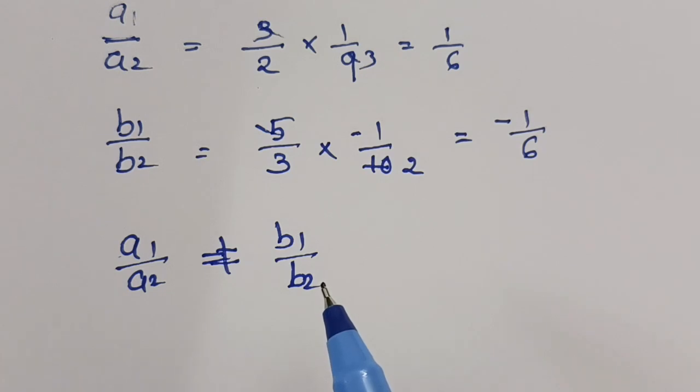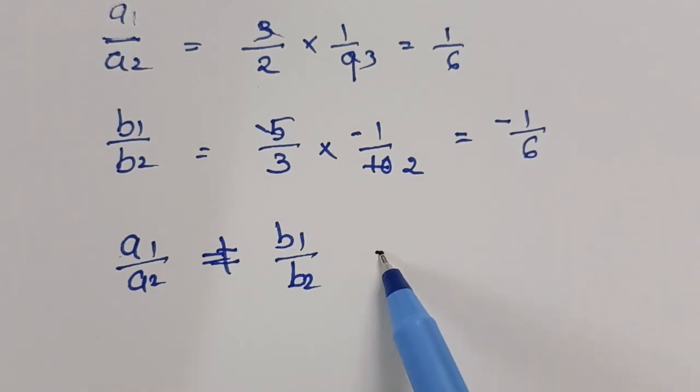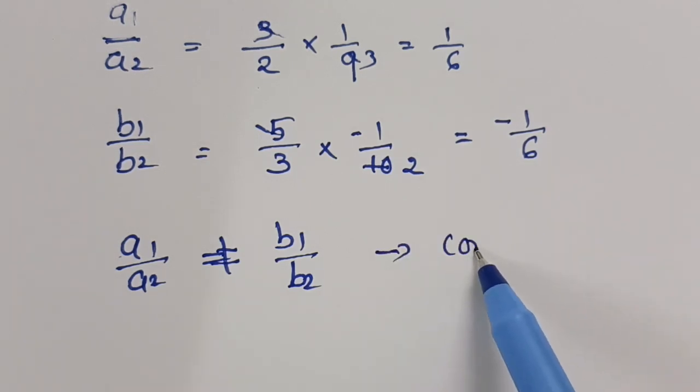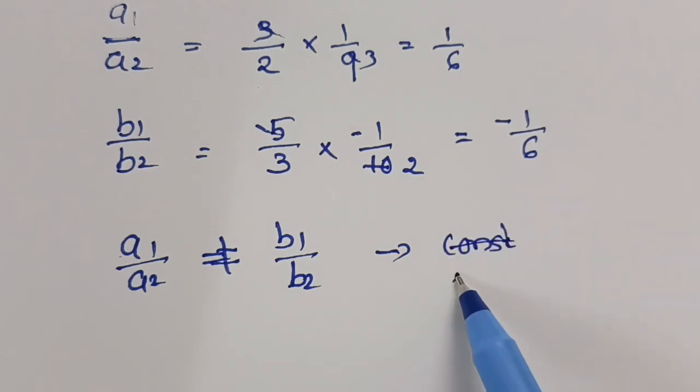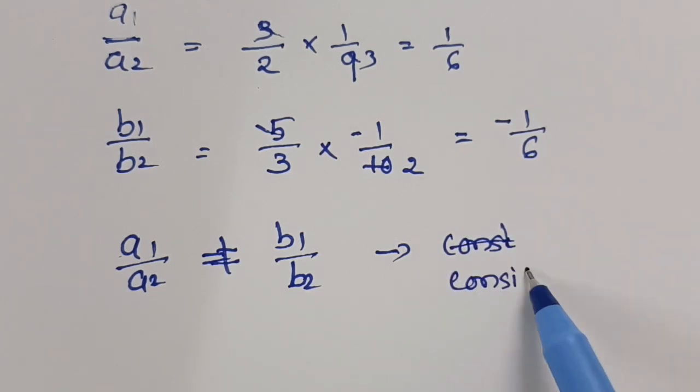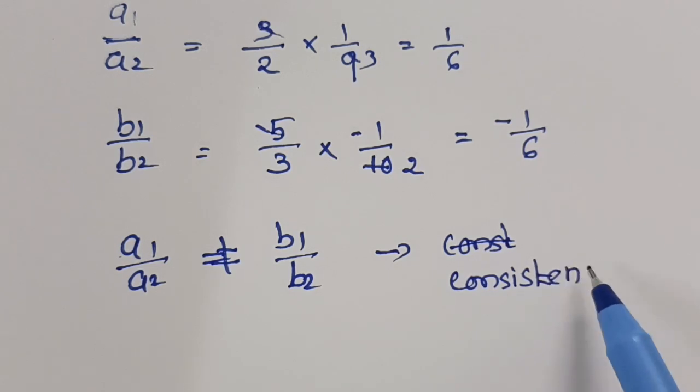Intersecting lines give a unique solution. If there is a solution, then the system is consistent. That implies the system is consistent. Okay, the system is consistent.